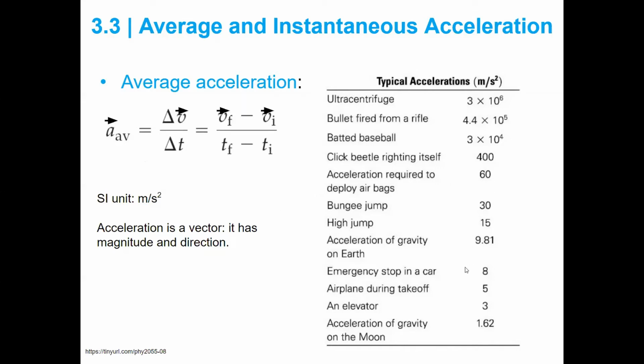The table here lists some of the common accelerations and their magnitudes. The acceleration of gravity, which we'll encounter a lot in this class, is 9.81 meters per second squared. I think this is the only number you probably want to memorize out of this table. Okay, 9.81.